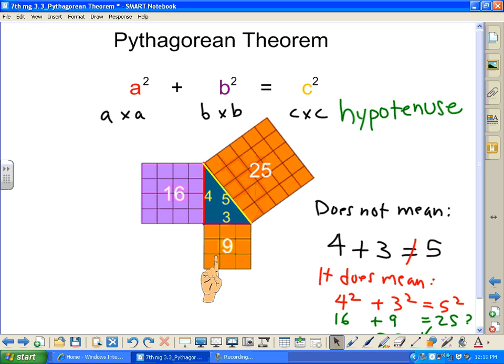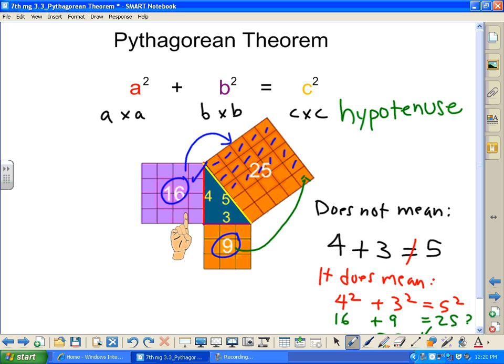And you notice that the 16 plus the 9, if we put all of these boxes in here to demonstrate, there's 16 boxes, 1, 2, 3, up to 16. Here's the 16 boxes that went in here, and the 9 boxes will be able to fit in the remaining 1, 2, 3, up to 9. And so that's the Pythagorean theorem. A squared plus b squared equals c squared.